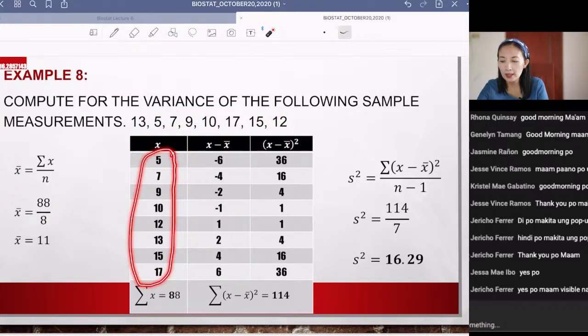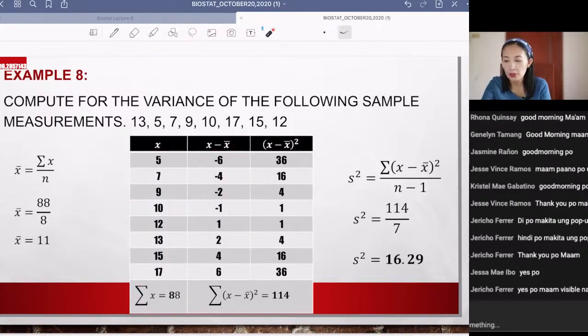And then x minus x bar, the second column, is simply the difference. So 5 minus 11, which is the mean, equals negative 6. 7 minus 11 equals negative 4. 9 minus 11 equals negative 2. Where did I get 11? That's the mean.